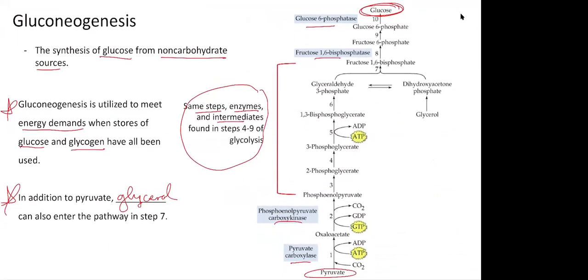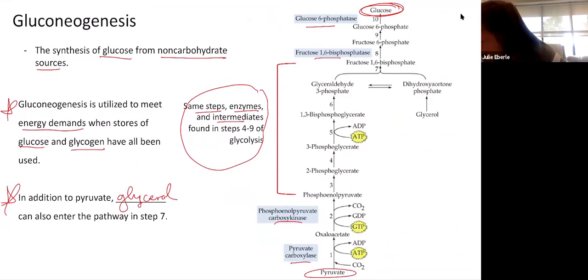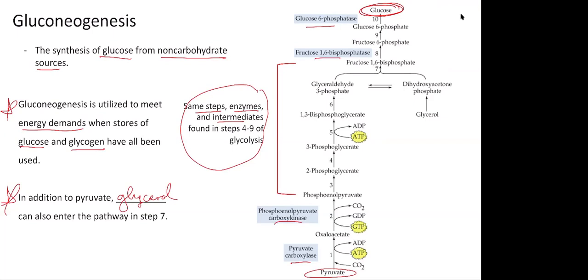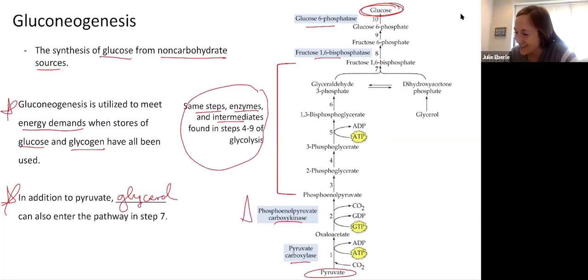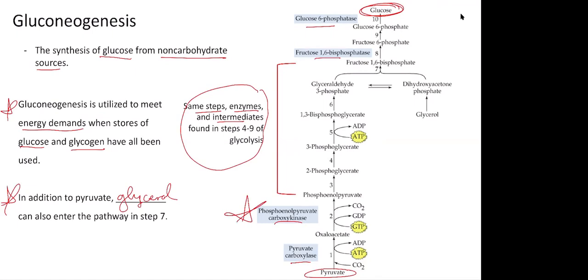That pyruvate carboxylase and that phosphoenolpyruvate carboxykinase. Where are you even reading? Oh, I don't know. My brain's not working. I think you're reading these enzymes. These are the enzymes that run the stuff.